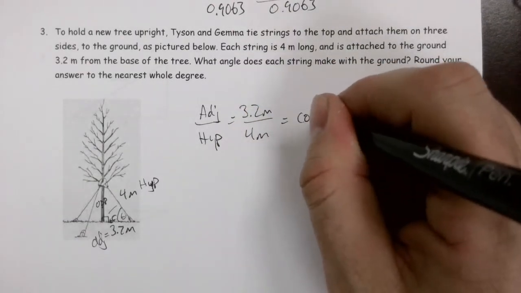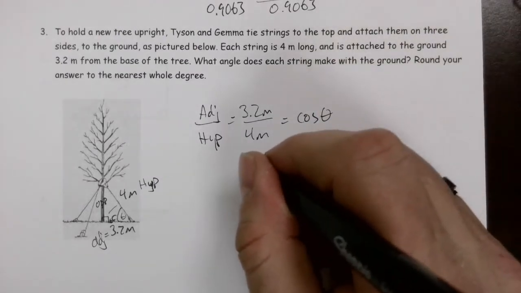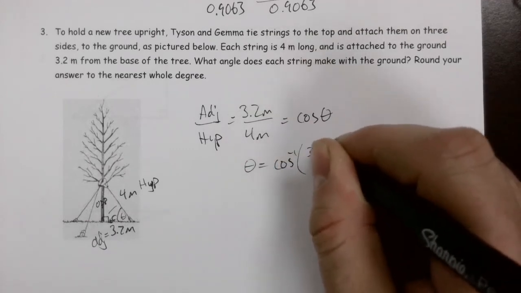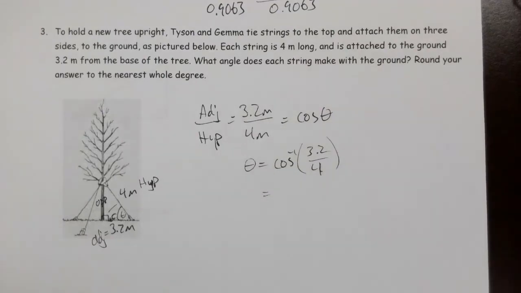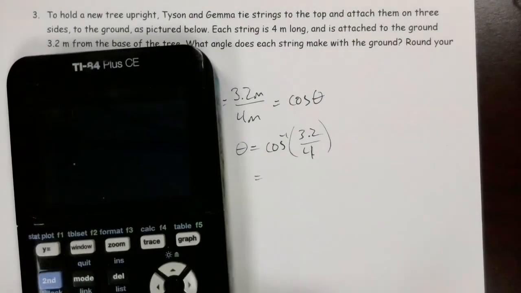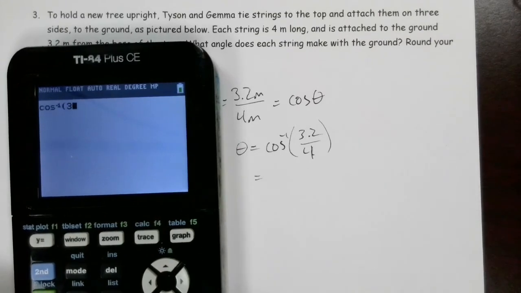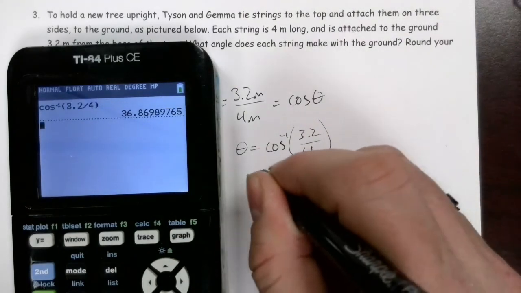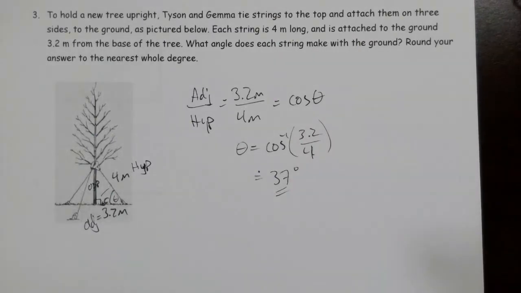And that's going to be the cosine of theta. Don't know what that is. So that means that theta is going to be the inverse cosine. Okay, because I know the entire ratio there, I got to use the inverse cosine to get the piece that I need. So on my calculator, that would be second cosine, 3.2 divided by 4. And to the nearest degree, we've got 37 degrees. So that's the angle that's going to make with the ground.